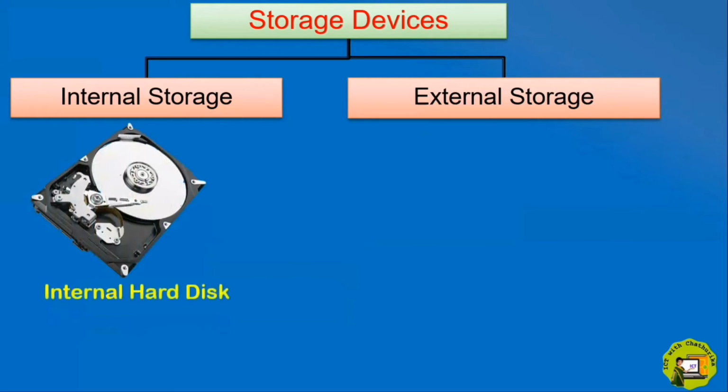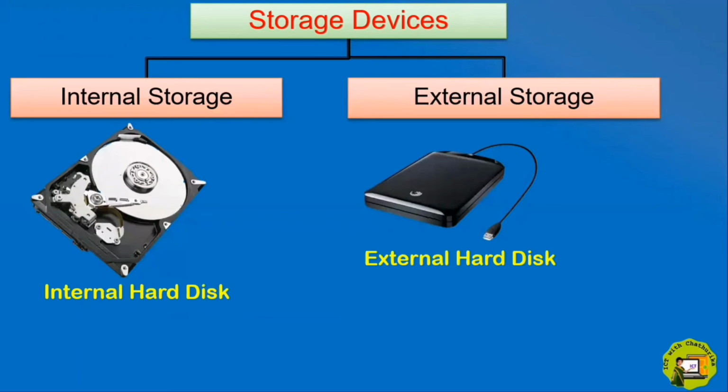Hard disk. There are internal hard disk and external hard disk. Inside the CPU, there is an internal hard disk. So it is located inside the CPU. And then the external hard disk. We can connect it from the outside.